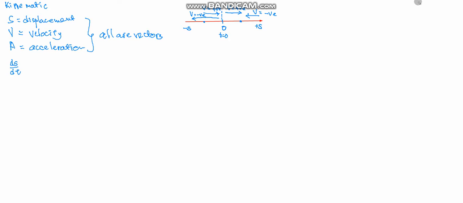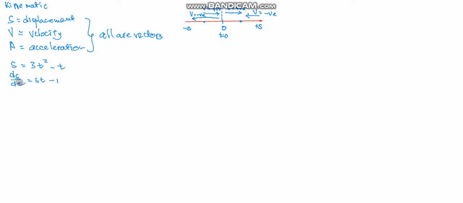What does it mean? Let's say, for example, s is equal to 3t squared minus t. Then ds/dt is 6t minus 1.